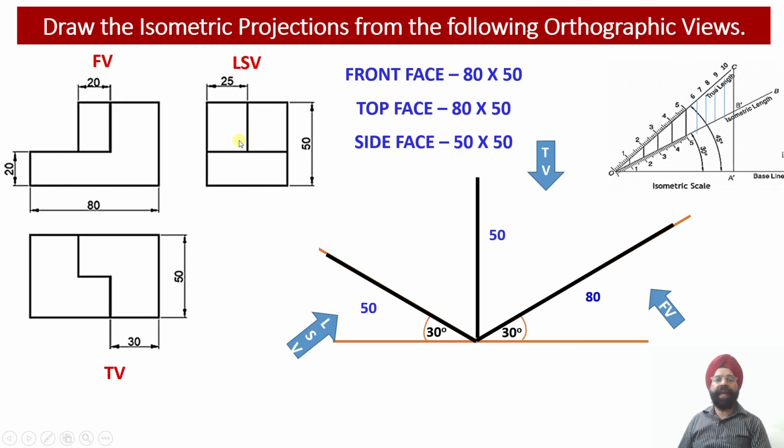Now we have to combine the information available through these orthographic projections into a 3D projection, which will be called isometric projection. Since it is a 3D projection, we are going to obtain three faces of the solid in a single plane: the front face, the top face, and the side face.